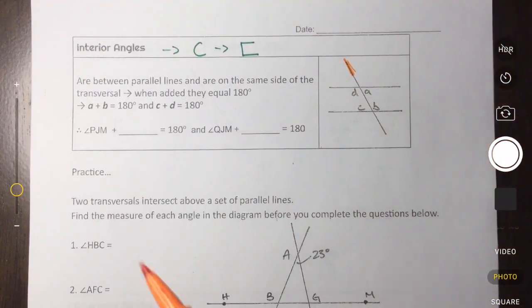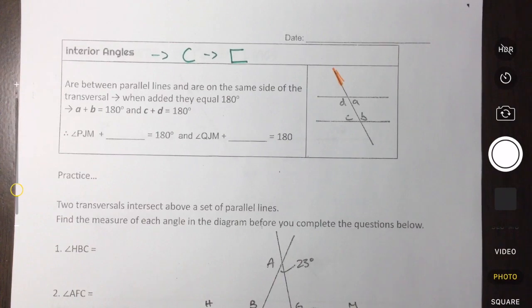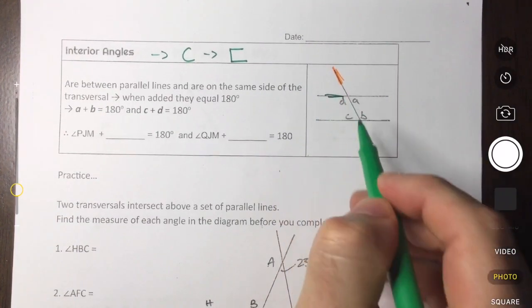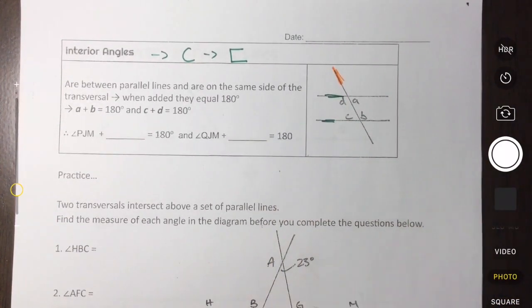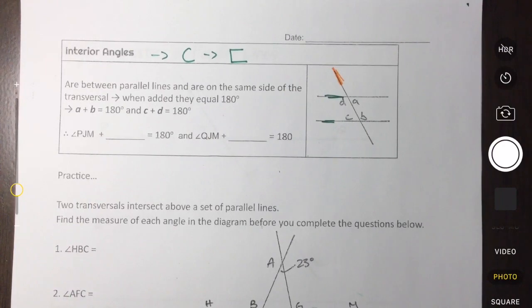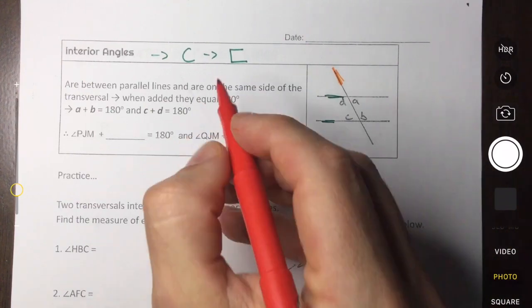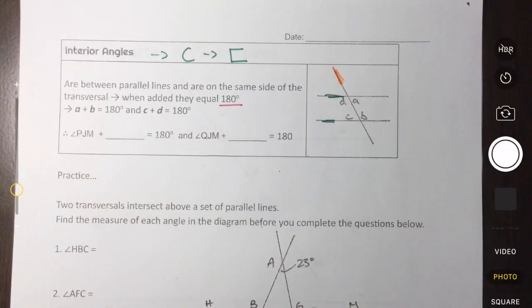So there's my transversal. I need to look for my parallel lines, and what I'm looking for are angles that are between my parallel lines, on the same side of my transversal. And when I add those measurements together, I'm going to get a measurement of 180 degrees.